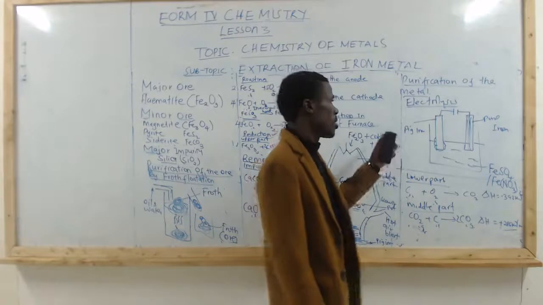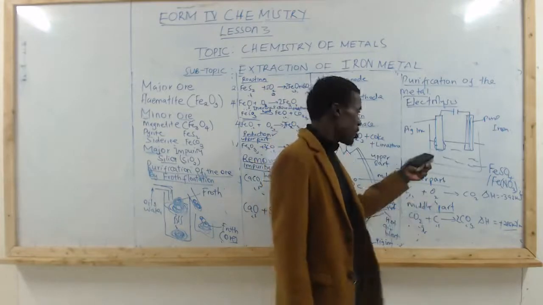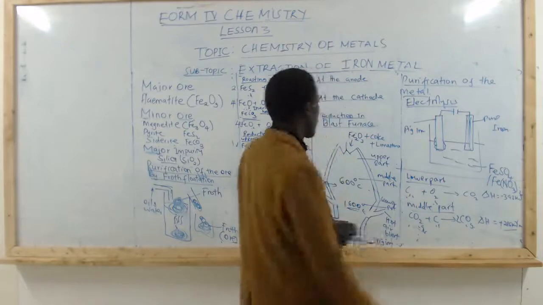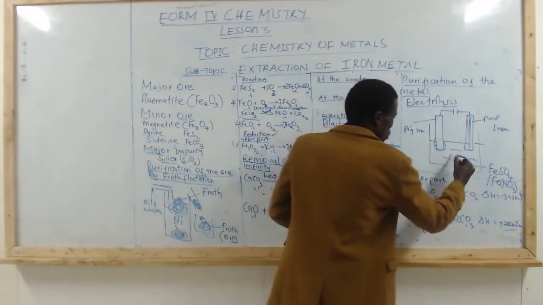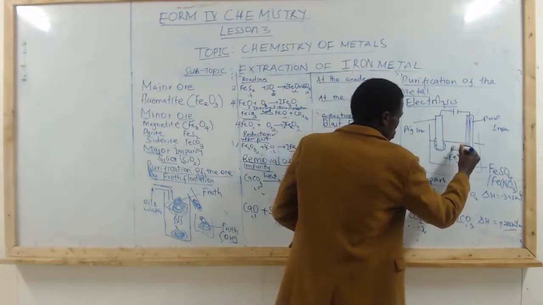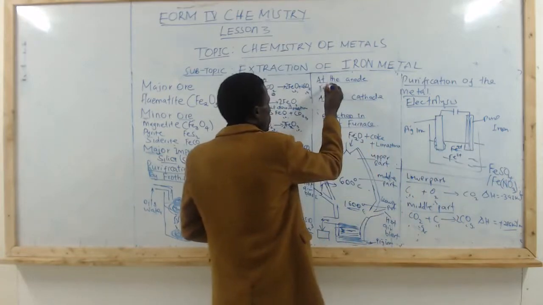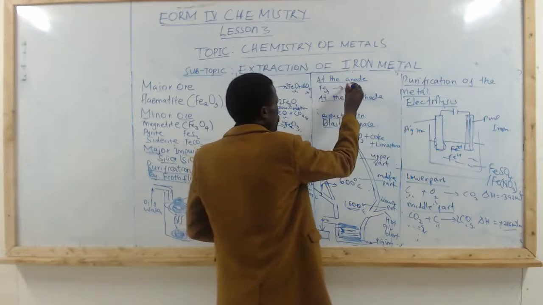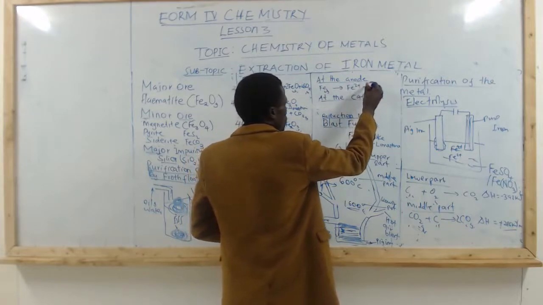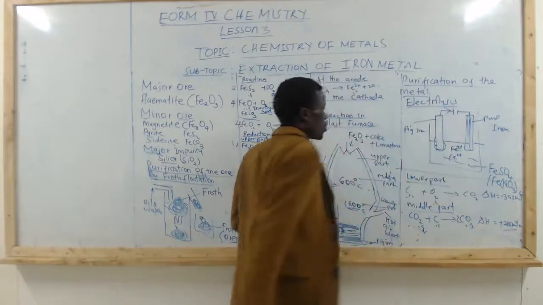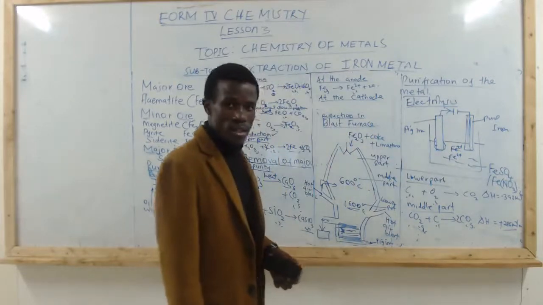Now, the pig iron dissolves into its own solution, producing iron 2 ions and 2 electrons, which flow in that direction.